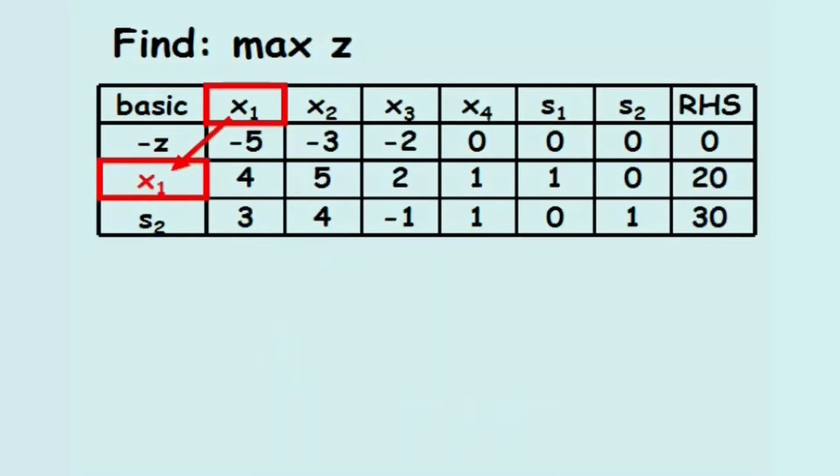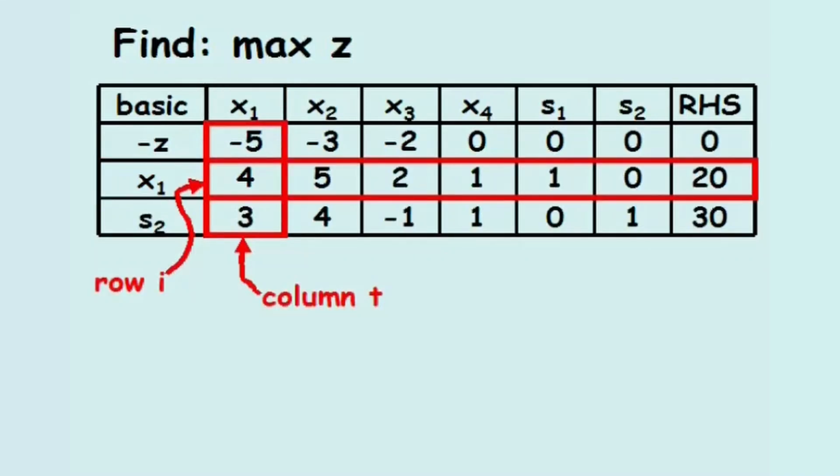After inserting variable x1 into the basis, the pivot operation from linear algebra is performed, so the tableau is again in canonical form. Pivoting involves adding a multiple of row i to all rows such that all rows in column t equal 0, except row i, which equals 1.